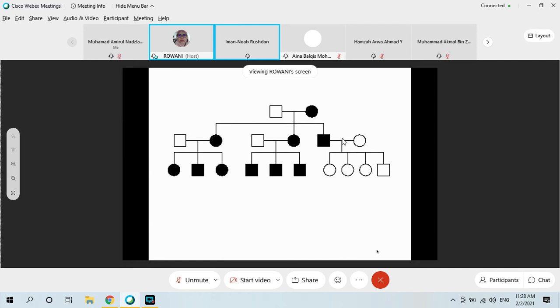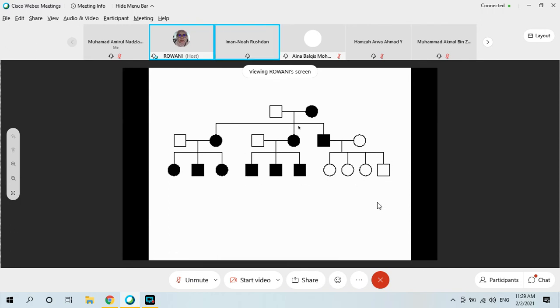Tapi will all the male child be affected or not? All the male child will be affected. Tapi in this case, adakah all male child affected? Yes. Okay, all male child affected.